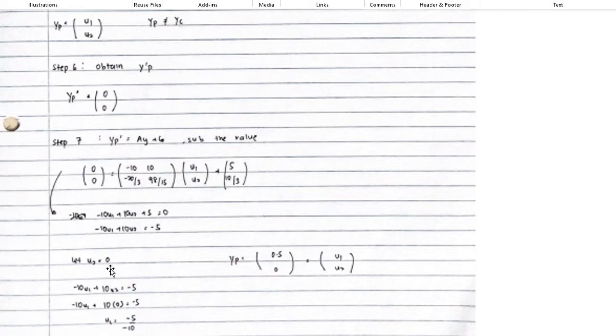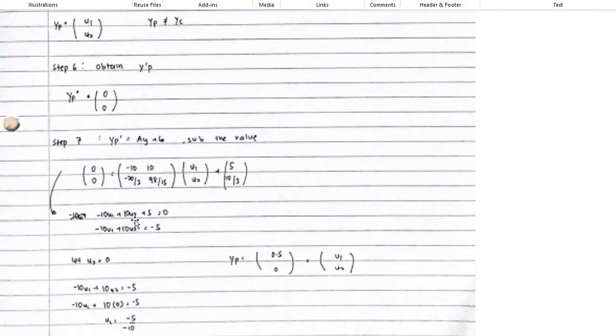Okay, to find u1, let u2 equal to 0. The easiest way to find u1 is to sub in u2 equal to 0.